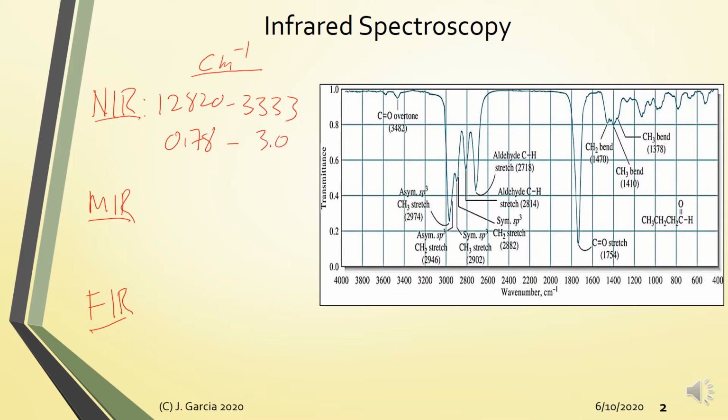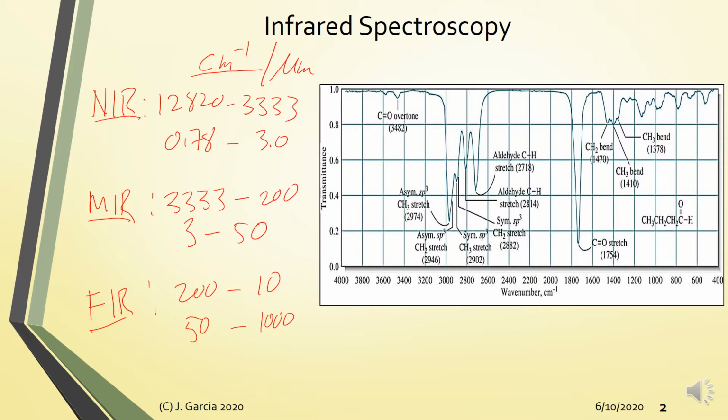For mid IR, this is roughly 3,333 up to 200 per cm, or 3 to 50 micrometers. And far IR is around 200 to 10 per cm, or 50 micrometers to 1,000 micrometers.